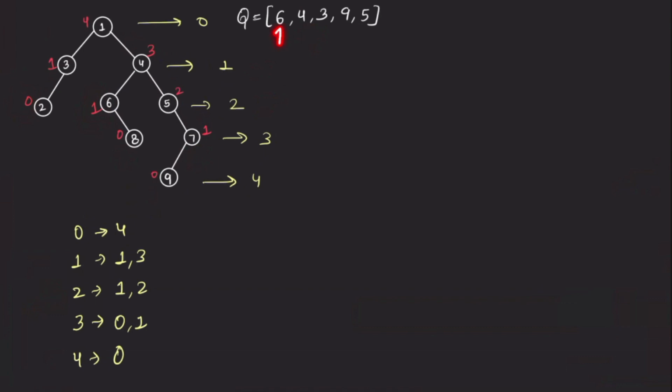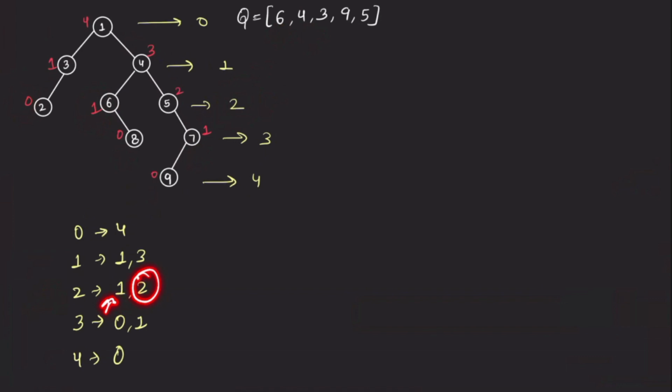So first is 6. For 6, the level is 2. At level 2, we have heights 1 and 2. What is the height of 6? It is 1, which is the second largest. That means we will consider the largest one, because the second largest is being removed, so the largest remains as is.